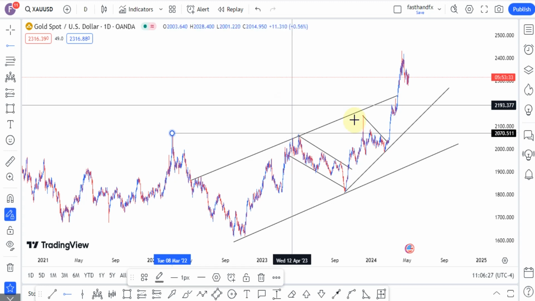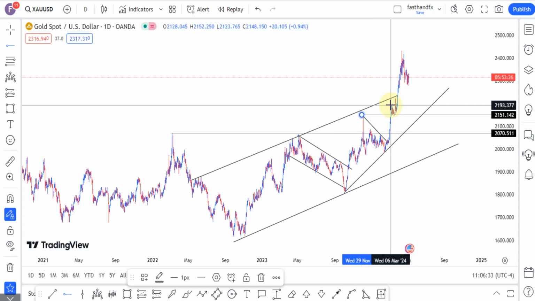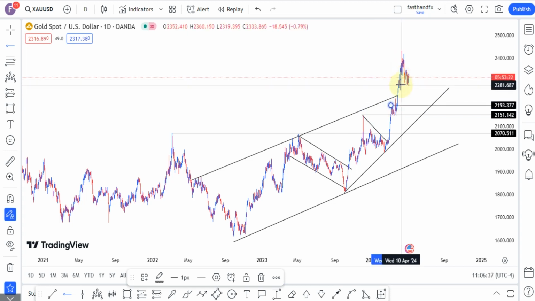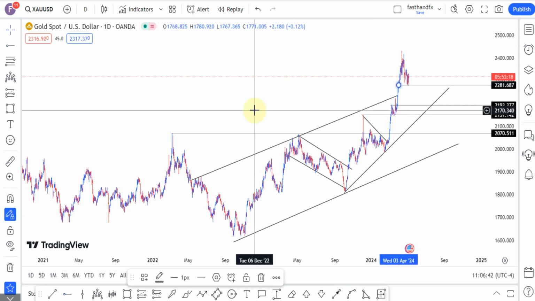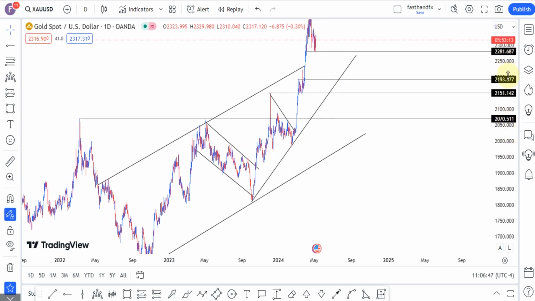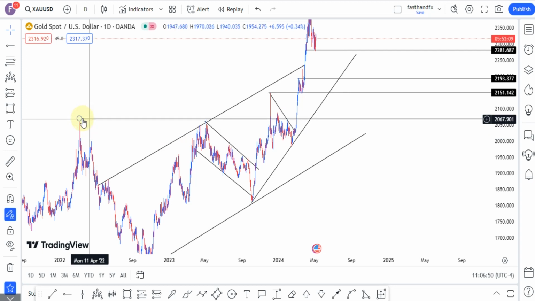So these key areas that I'm drawing here, these are what we call support and resistance. So we had these key areas here. So for instance, at this point, when the market is above this area, we call this a support area.